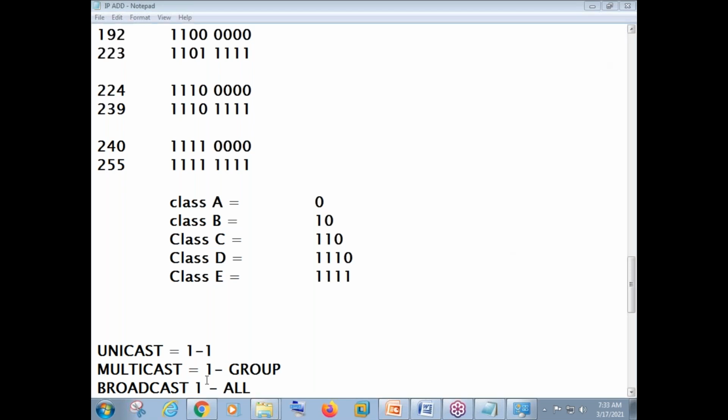So in multicast, there is an echo coming here actually. In multicast, there are some protocols like OSPF and EIGRP. When they communicate with each other, they will send some messages.